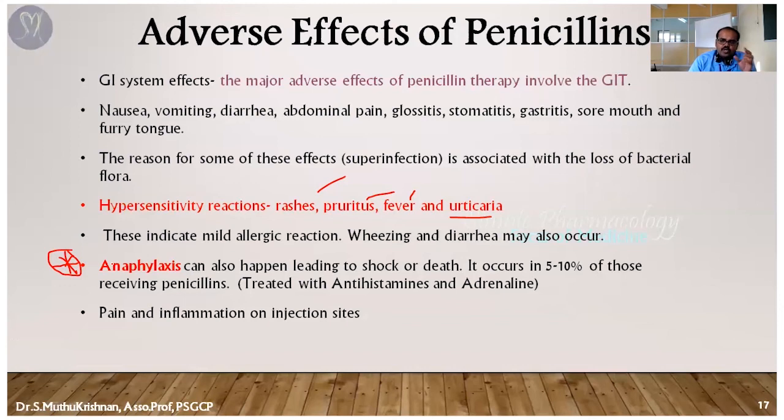The only life-saving drug is adrenaline, because adrenaline can bind in both places, the lungs and the heart, which have adrenergic receptors, both beta 1 and beta 2. Beta 2 is present on the bronchi.